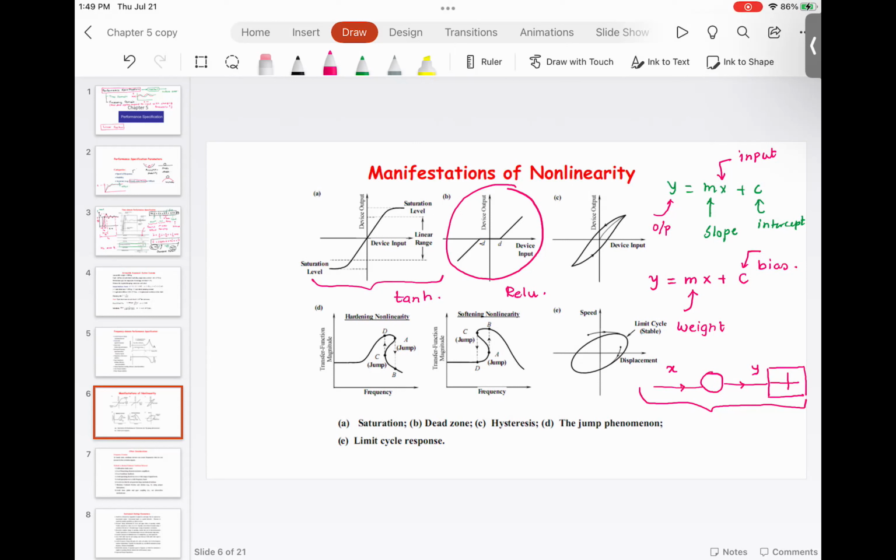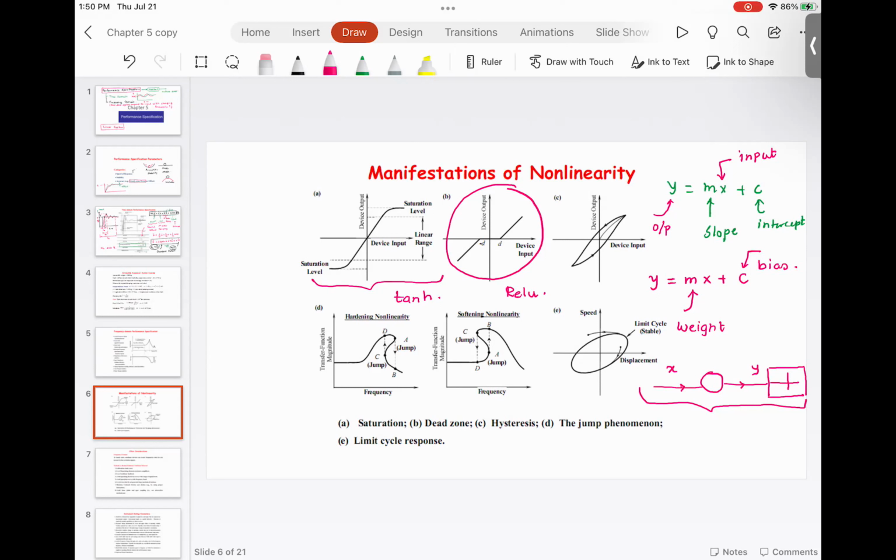If they don't match, then I tweak these gains. So I change the values of M, I change the values of C. I don't change the activation function. I only change the values of M and C, to the point that I have a perfect reconstruction of the input to output relationship with this neuron structure.